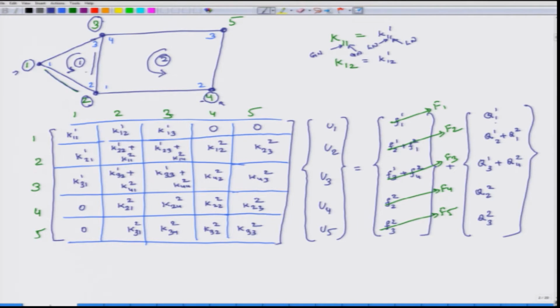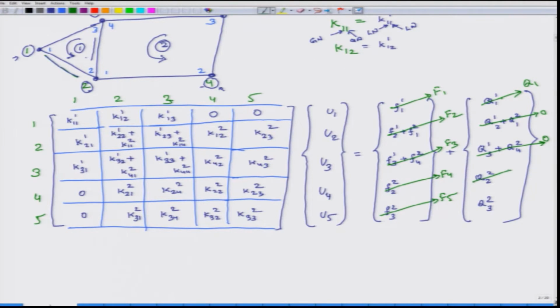So this will be 0. So I do not have to compute even these Q12 and Q22, right. This will again be 0 because of equilibrium, force balance, and these will be global Q1, global Q2, oh I am sorry, this is global Q4 and this is Q5.